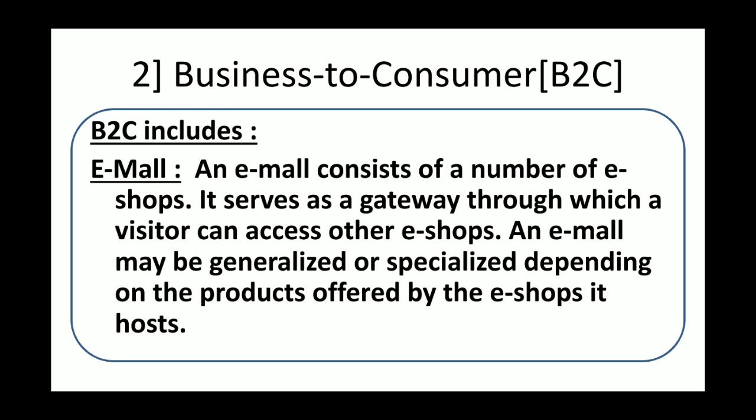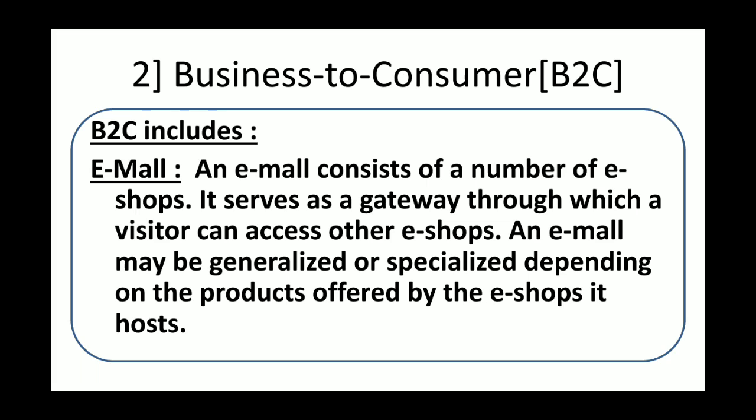Many e-shops together make an e-mall. Physically we go to malls and purchase things. Similarly, on the internet there will be an e-mall, meaning different e-shops are there in one e-mall. But we will purchase from Amazon.com only, which has e-malls and e-shops in it.